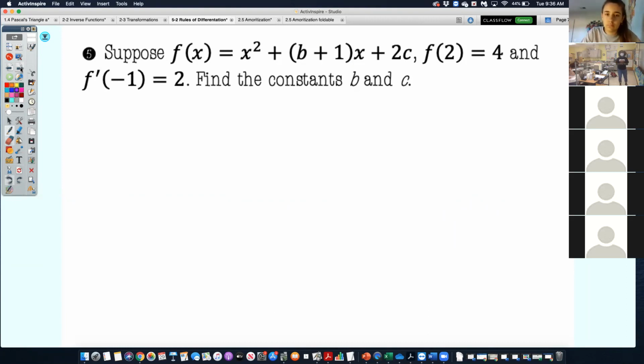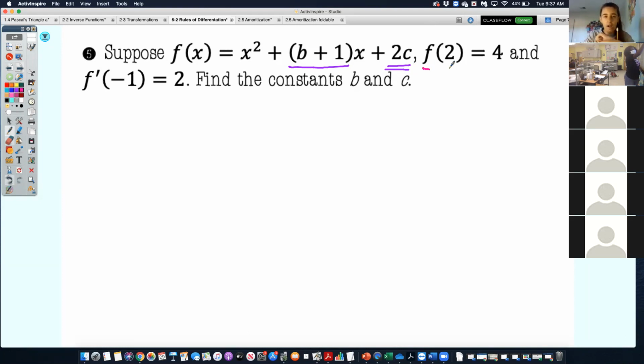So let's make sure you guys are aware of some things. This b plus 1 is a constant. It's some number. So whatever the value of b is, when you add 1 to it, you get the constant that goes with the x. And then 2c is, again, another constant. Once you figure out what c is, you multiply it by 2, you get the constant of this function.